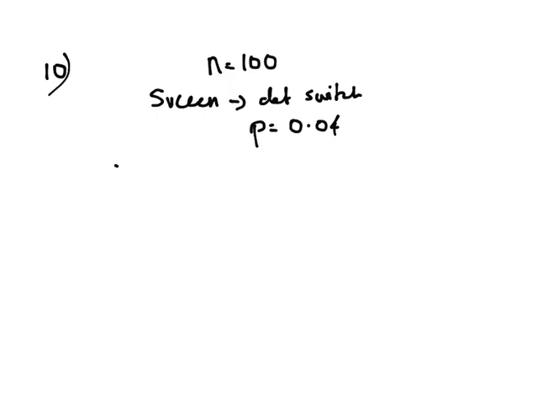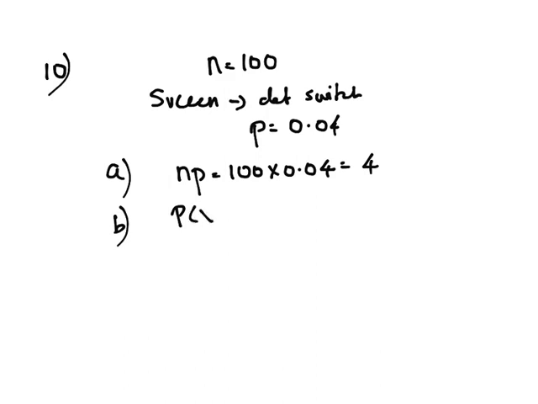The first question is find the expected or the mean number of defective switches. That means np. So 100 multiplied with 0.04, which is nothing but 4. And B part is find the probability that there are exactly 6 defective switches in the sample. So P of x equal to 6. I'm sure you know where to go.